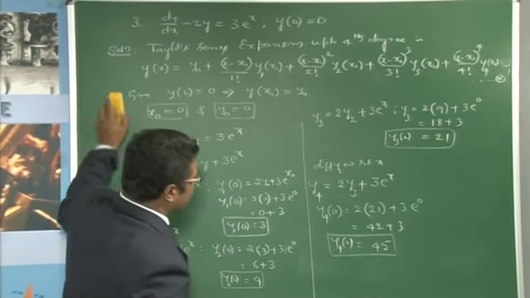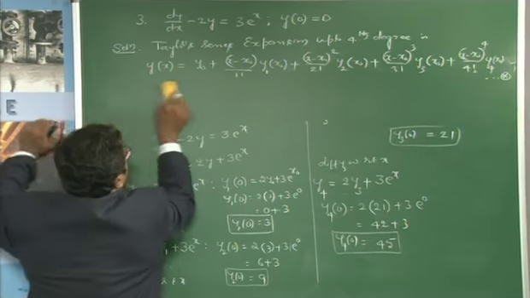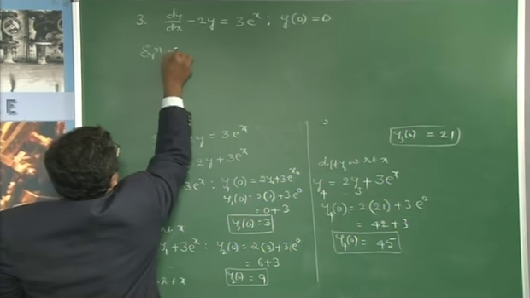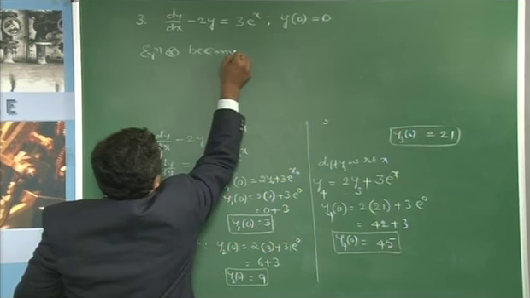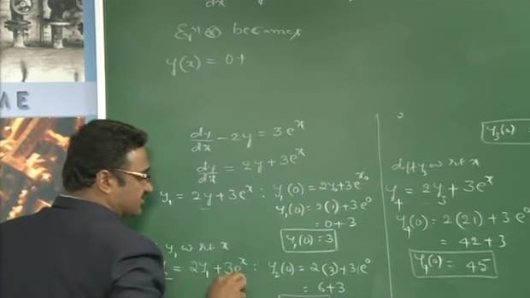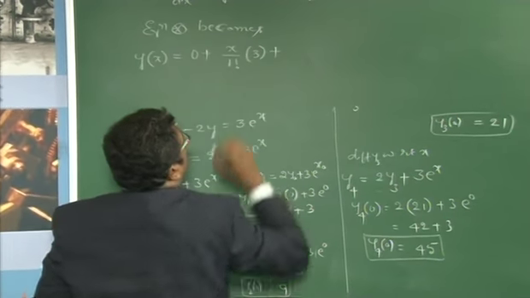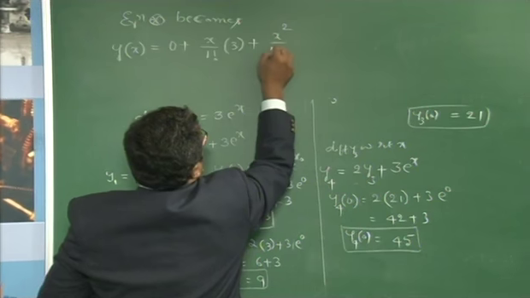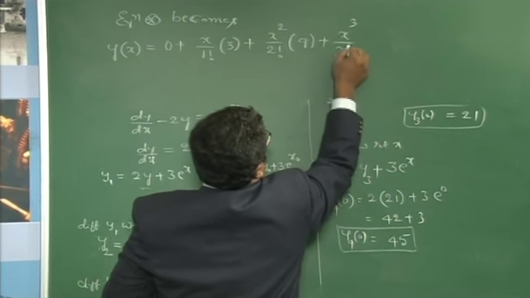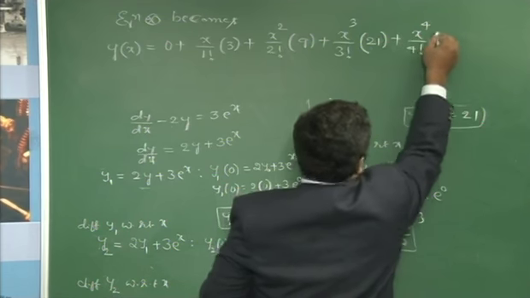So I will write down here now. Equation star becomes, that is your Taylor series expansion, y of x equal to your y naught value 0 plus x minus x naught, that is x by 1 factorial into the y1 value 3, plus x square by 2 factorial into y2 which is 9, plus x power 3 by 3 factorial into 21 plus x power 4 by 4 factorial into 45.